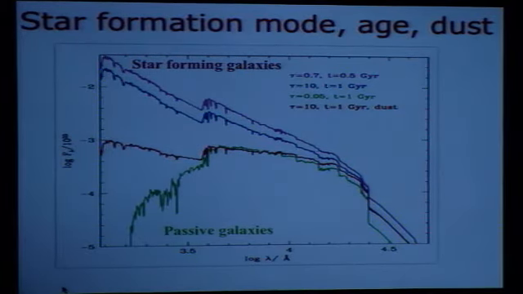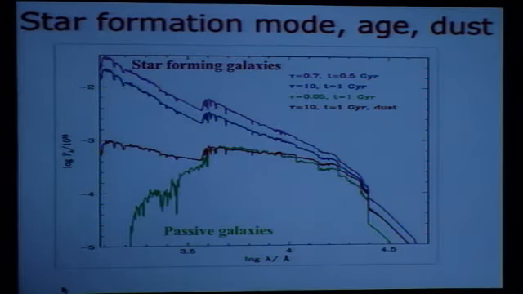So the message is, what do you want to get out of your galaxy? Ideally, you would like two parameters, the length of star formation and the age, which tell you the distance from the start. However, look what happens if I put dust on the long star formation, which is the red line. Essentially, I diminish this part.